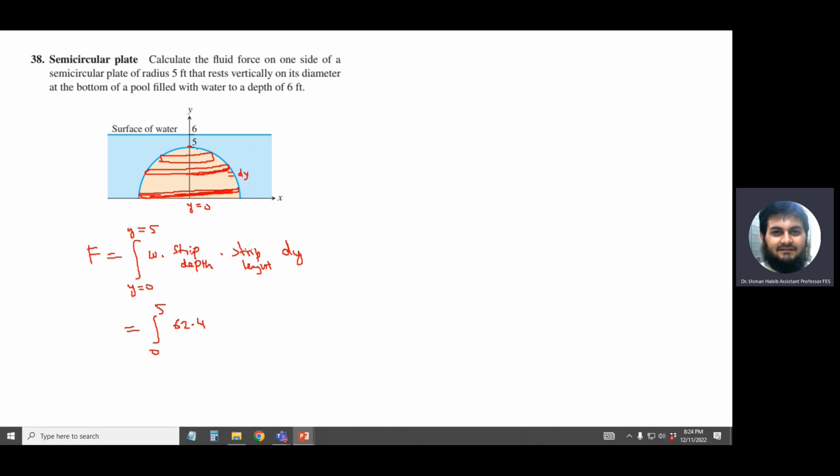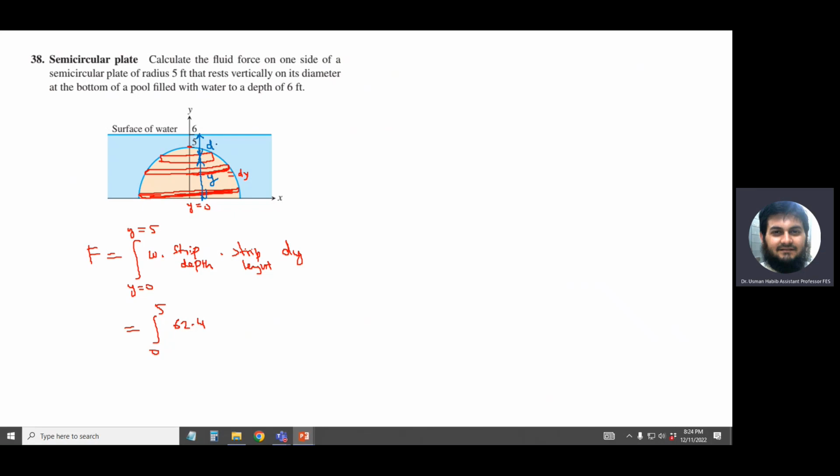Okay, so the depth is the distance from here to here. We are placing strips, and the distance from zero to this point will be y. The depth is from the surface of the water up to the point where the strip has been placed.